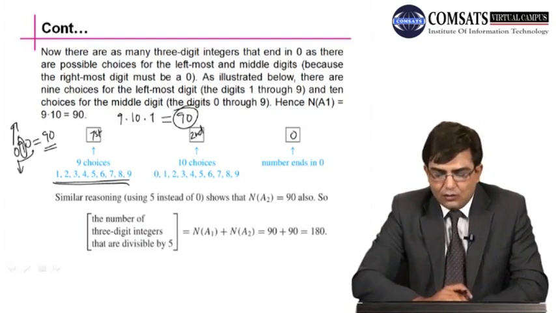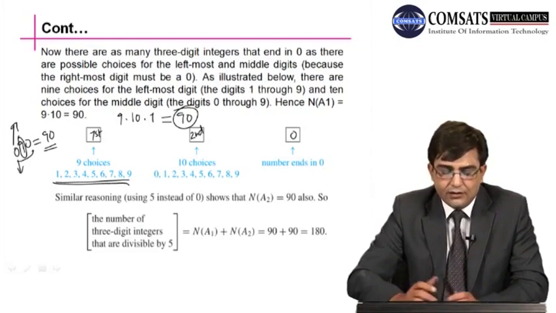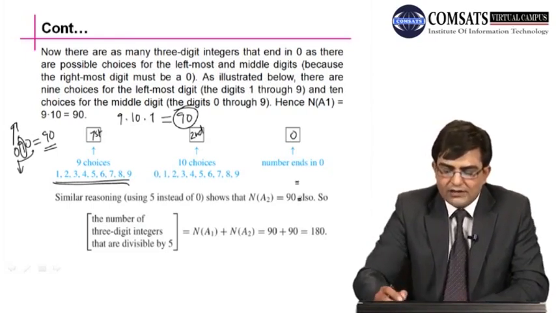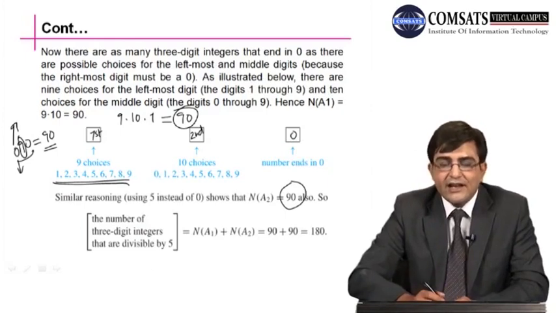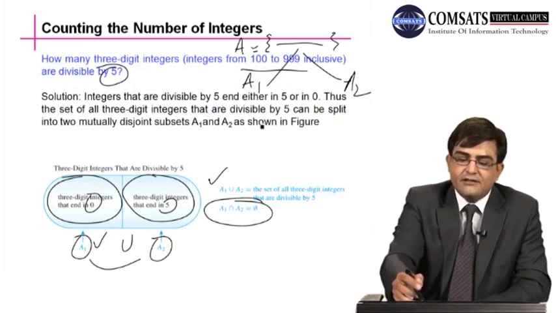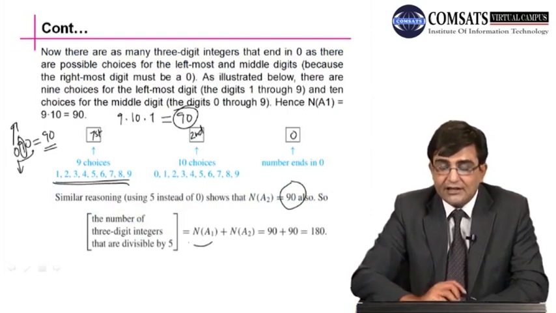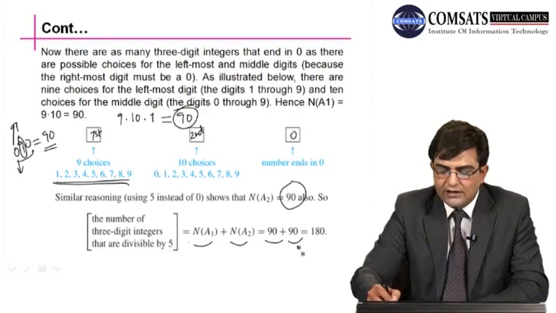which end with 0. So in the first set A1 we have 90 integers, and using the same reasoning we can calculate that in the set A2 we also have 90 integers which end with 5. So the total number of 3-digit integers from 100 to 999 which are divisible by 5 is the number of integers in A1 plus the number in A2, which is 90 plus 90, that is 180.